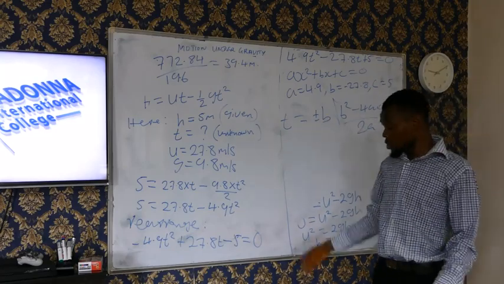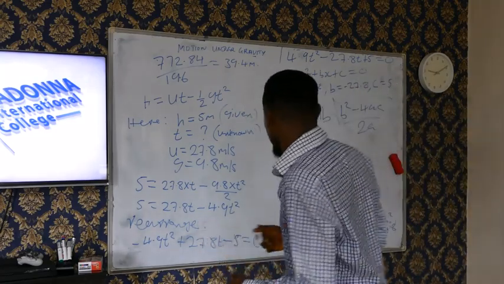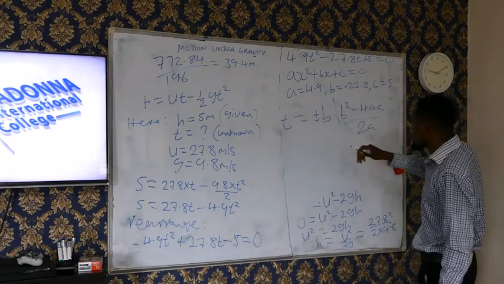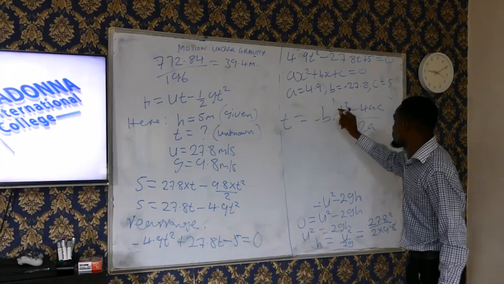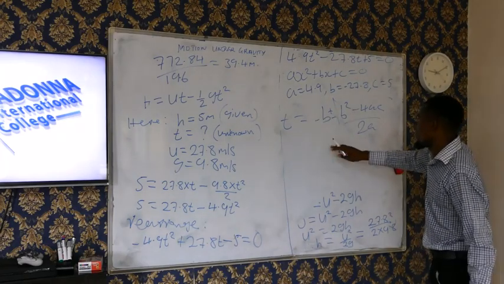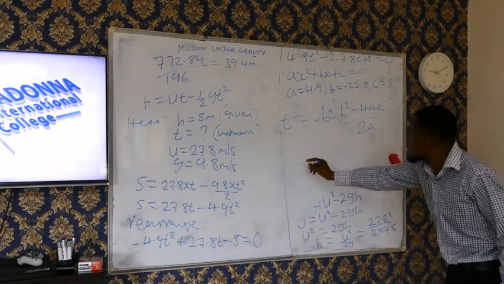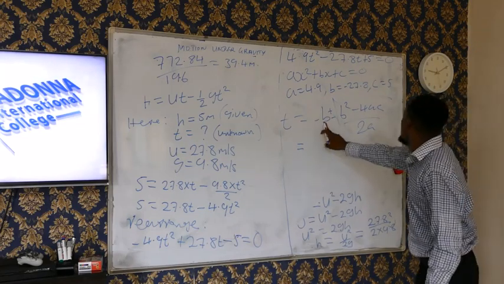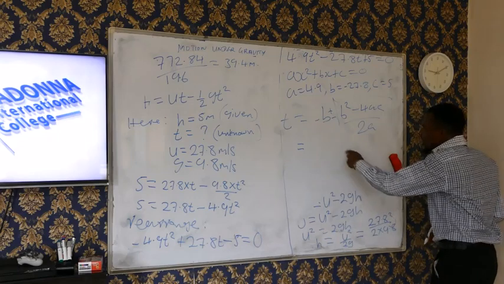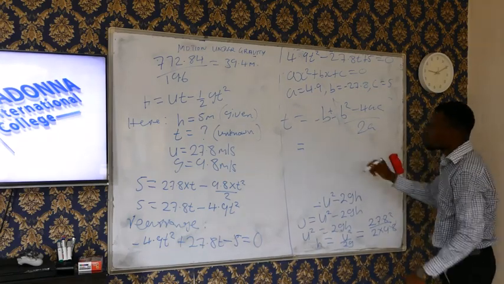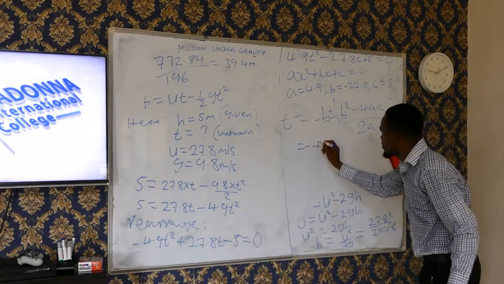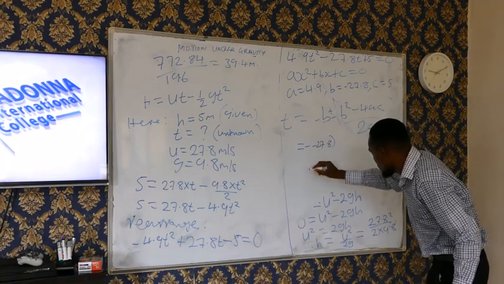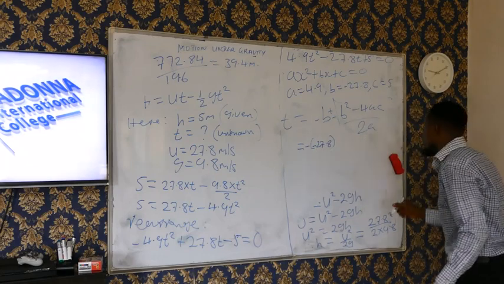So you substitute into the quadratic formula. If we do that, this is minus b plus or minus, take it back. So we now have b, we said b is minus 27.8, and in the formula you have minus b. So it's going to be minus 27.8. Let's enclose it in a bracket so you don't get confused.